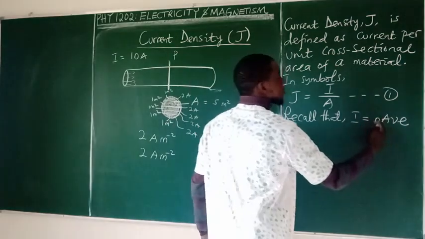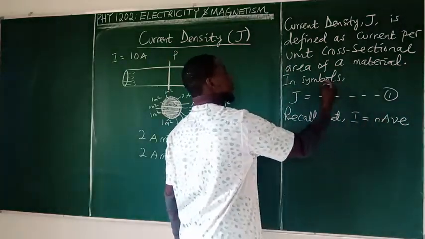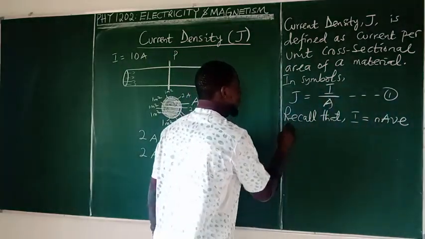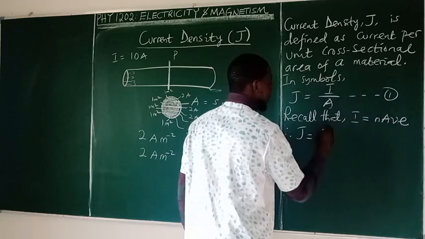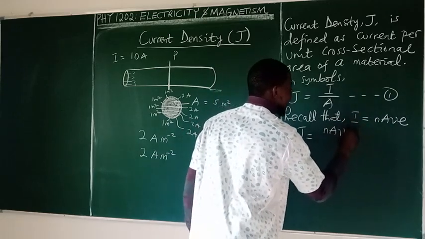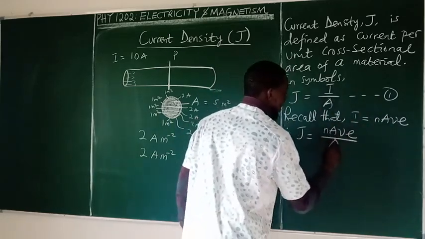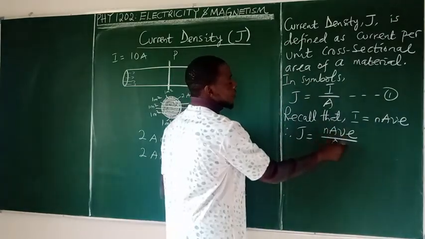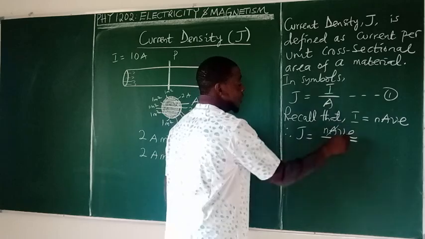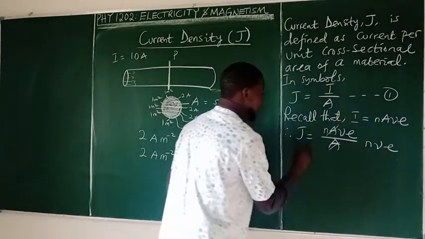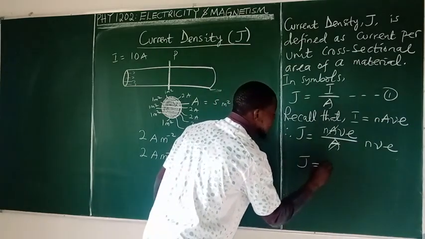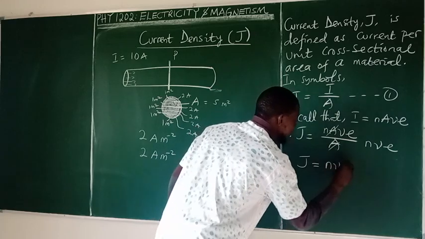So I can substitute this for I here. Therefore, J equals nAve divided by A. These two A are identical, so A cancels A, and I have nve. So at the end, my current density is nve.